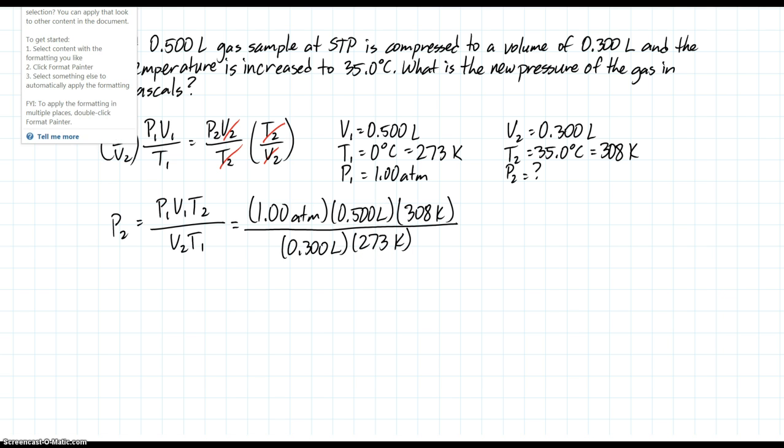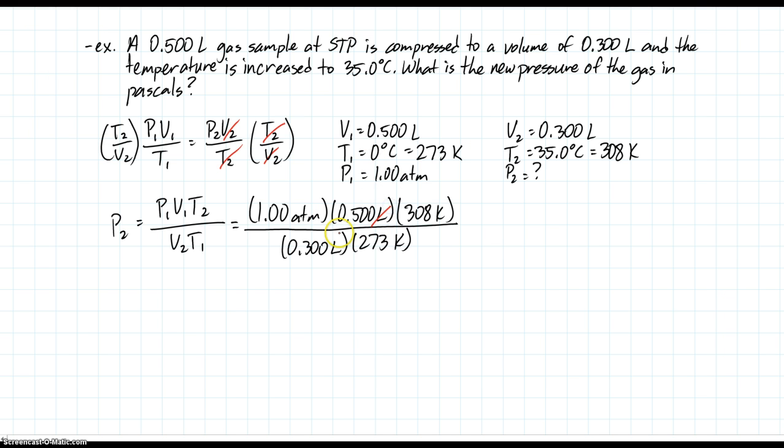If we look at our units, liters over liters cancels, kelvins over kelvins cancels. And so right now our answer for P2 would be in atmospheres, but the question asked for this pressure in pascals. Remember that the conversion factors for the various pressure units will be given to you on the test.